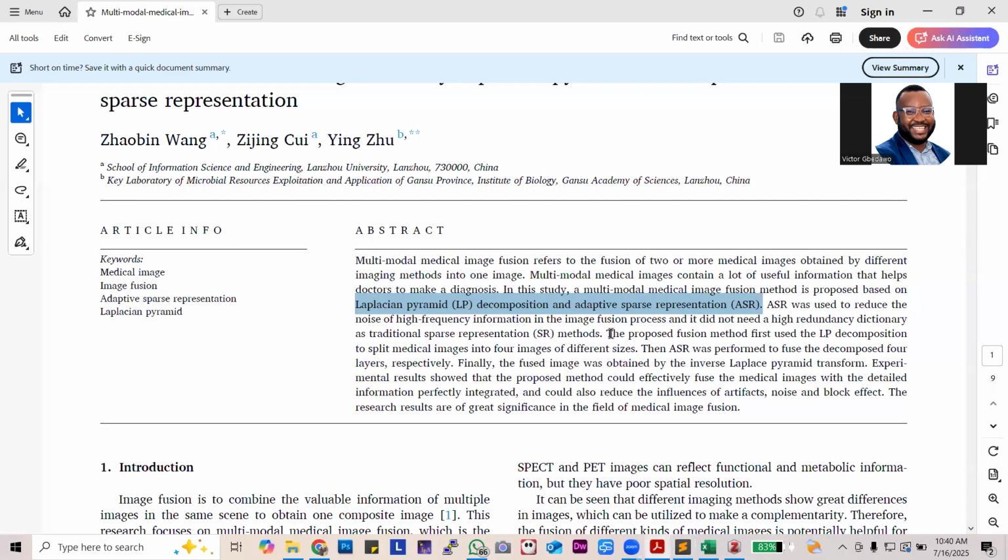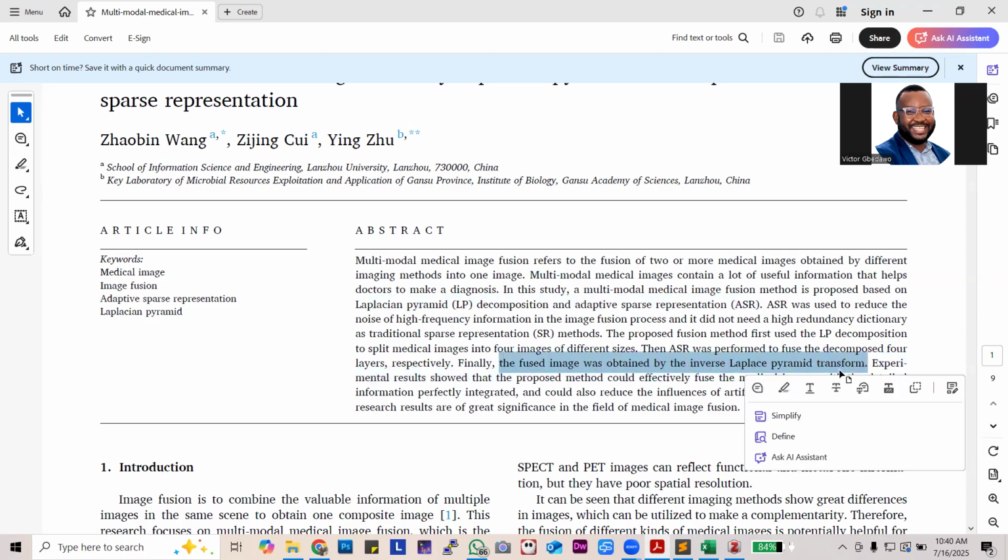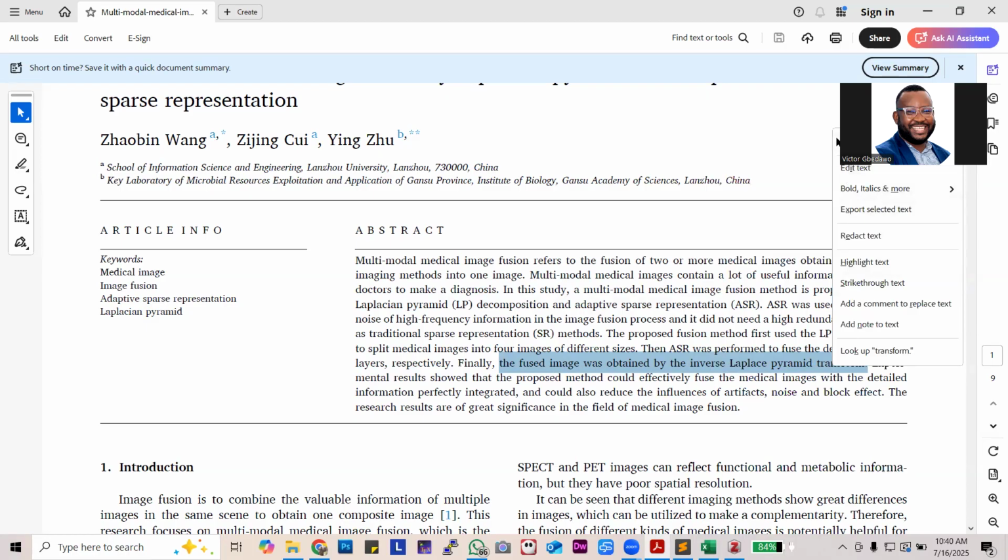So from there, the proposed fusion method first used the LP decomposition to split, and then the sparse representation respectively. Finally, the fused image was obtained by inverse Laplace pyramid transform. So we need to also indicate this method. We indicate this method.